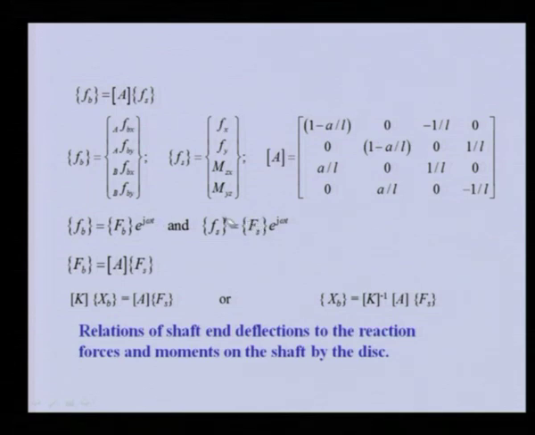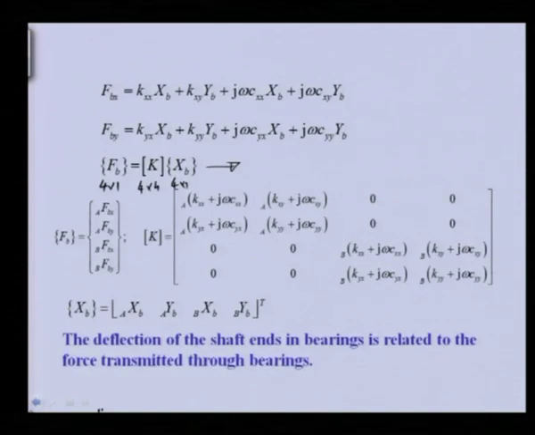If we substitute them in this equation of motion, we will get in the frequency domain: bearing force is equal to matrix A times shaft reaction forces from the disc. Now, earlier we obtained the bearing force in terms of the bearing displacement. That relation was the stiffness K into x b. So, if we go back to the previous, here we related the bearing force with the bearing displacement.